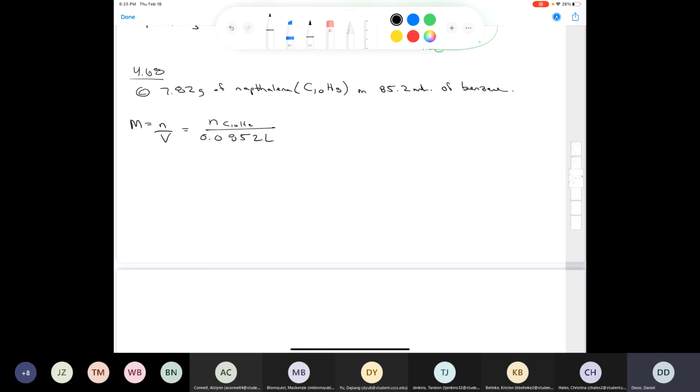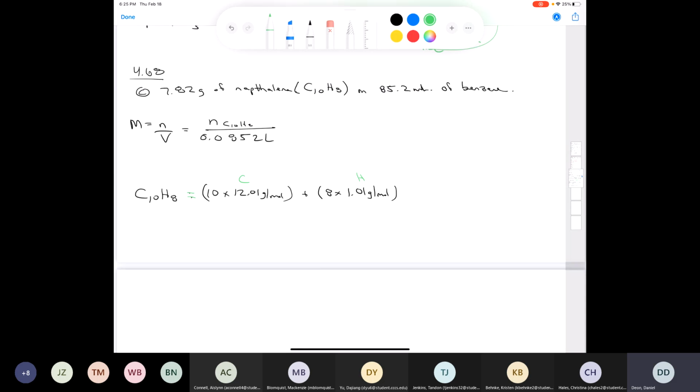Well, first, let's calculate the molar mass of C10H8. We have 10 carbons, so in C10H8, we've got 10 times 12.01 grams per mole, plus 8 times 1.01 grams per mole, right? This is for my carbon, this is for my hydrogen.